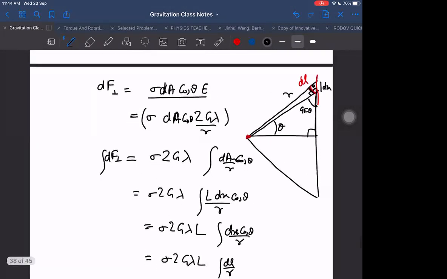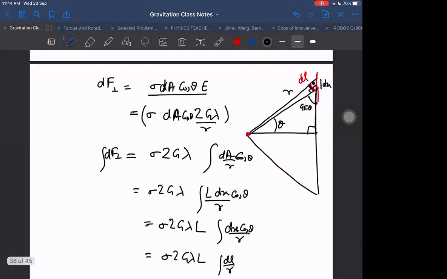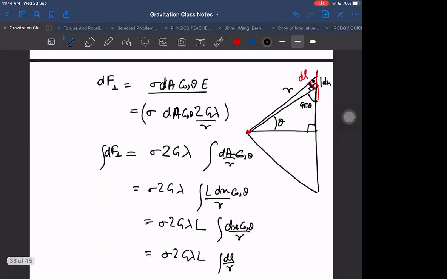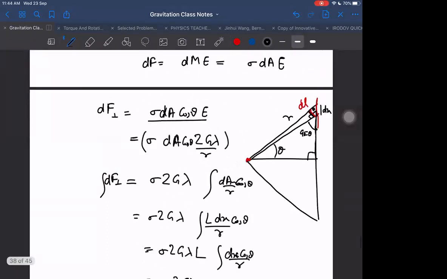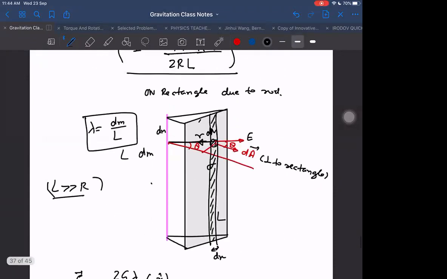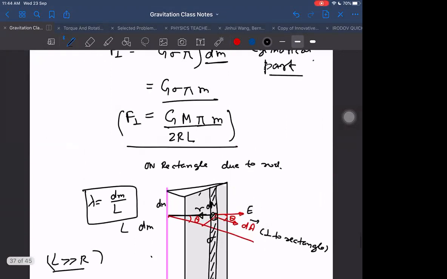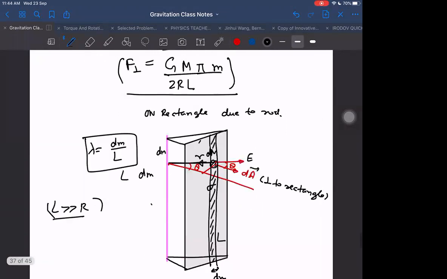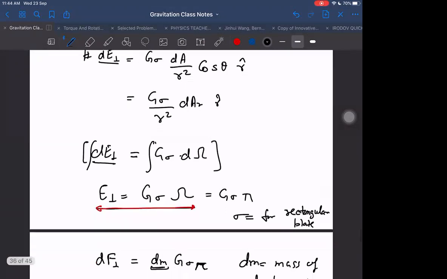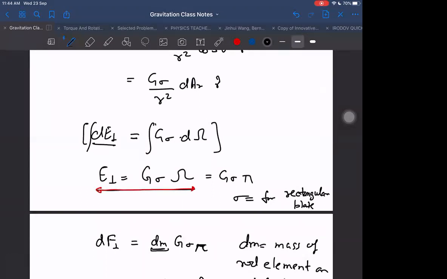Nothing seems to be wrong. Why are we getting a different answer then? G sigma into dA by R square cos theta into R cap. Then this is G sigma by R square into dA R into R cap. That is G sigma omega. That is G sigma pi steradians.